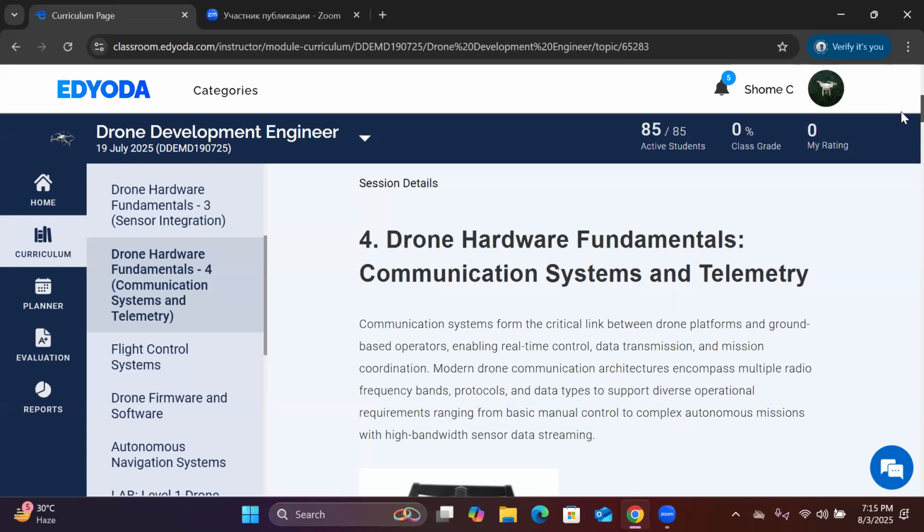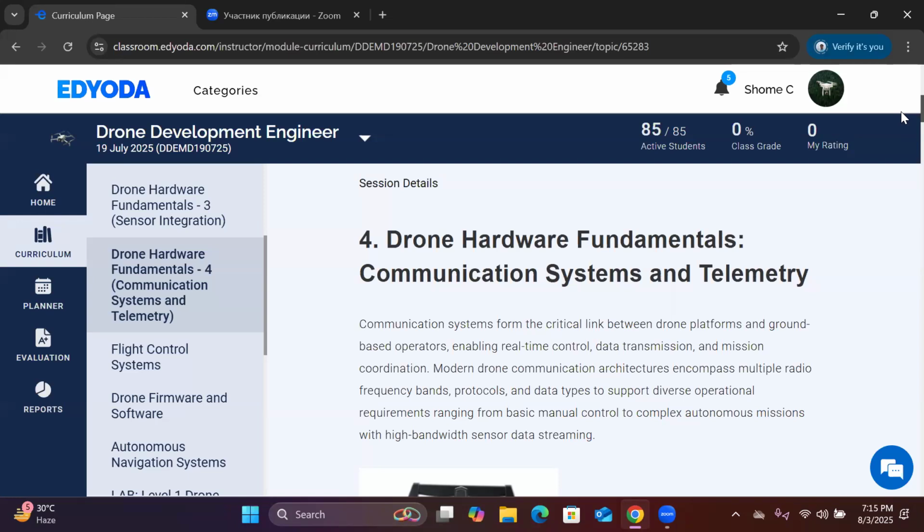Now, this secured communication link between the UAV and the ground control station or the ground-based operator, why is it important? Because it enables real-time control, data transmission, and mission coordination.